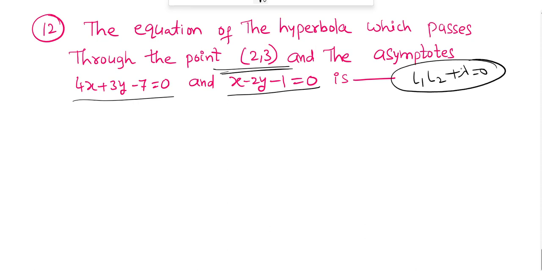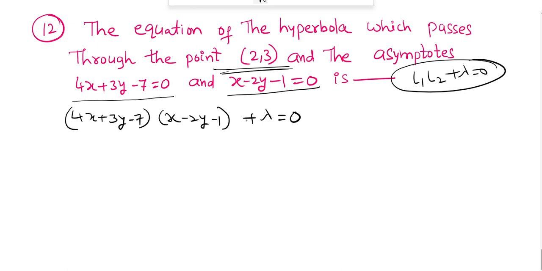This is the equation of the hyperbola when asymptotes are given. That is, 4x plus 3y minus 7 into x minus 2y minus 1 plus lambda is equal to 0. This is the equation of the hyperbola.